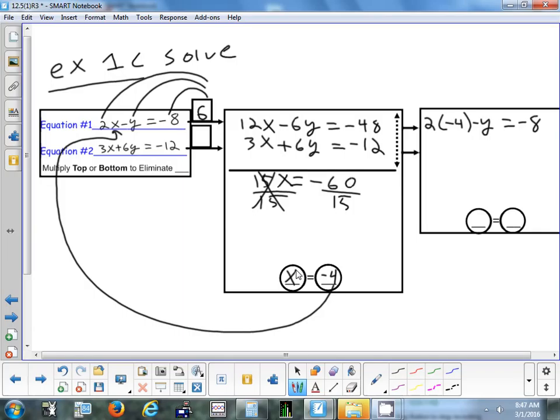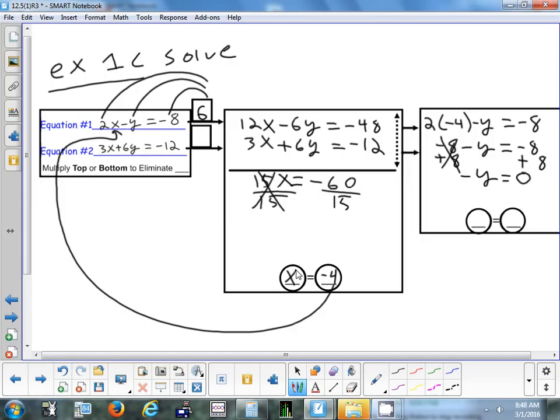Okay, Ryan, what's 2 times negative 4? Negative 8. Yep, negative 8. Take away y equals negative 8. Okay, next step, I want to move that negative 8 to the other side, so I'm going to do the opposite of negative 8, which is positive 8. So I get negative y equals, what's negative 8 plus 8? 0.